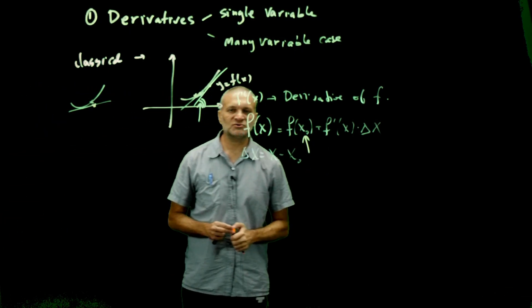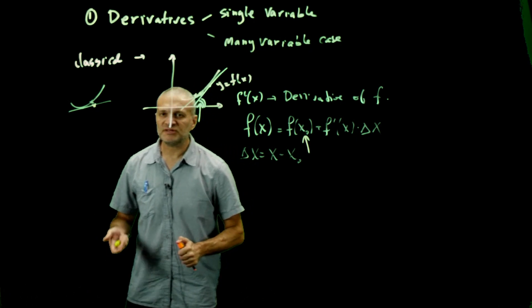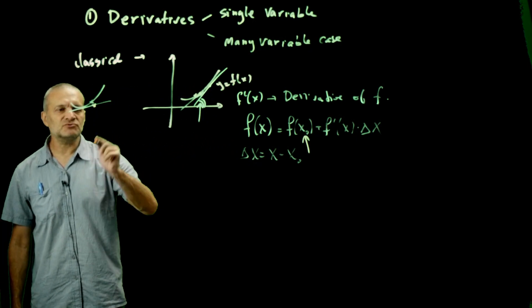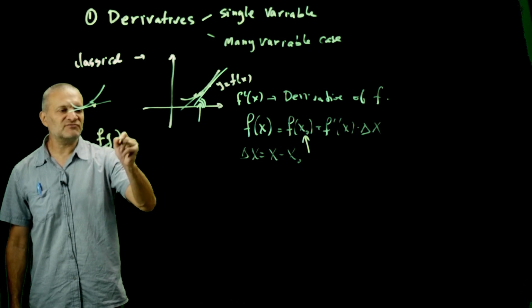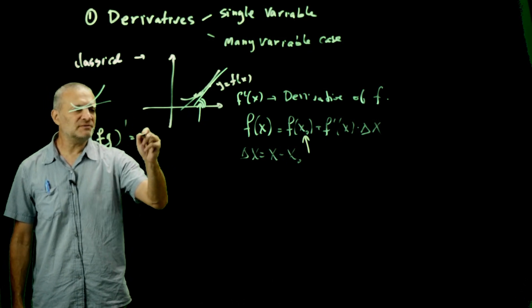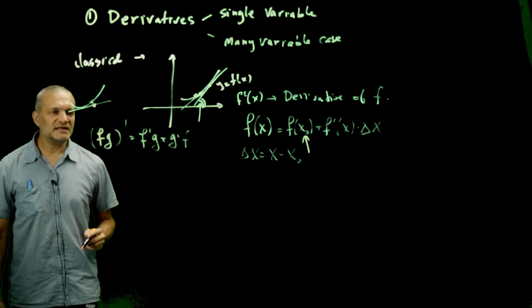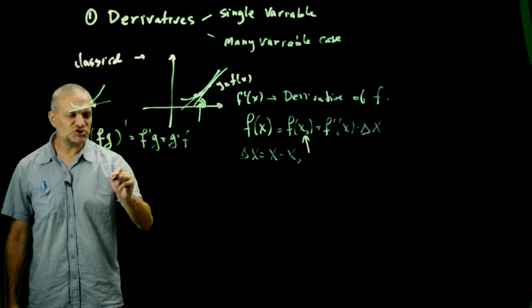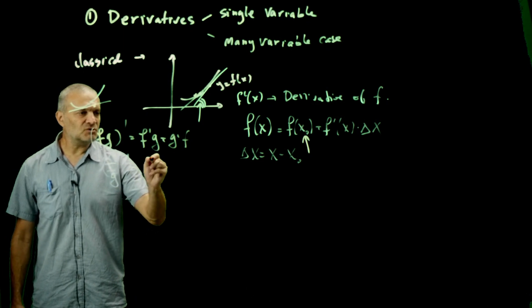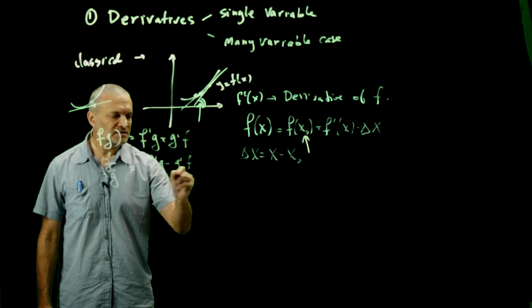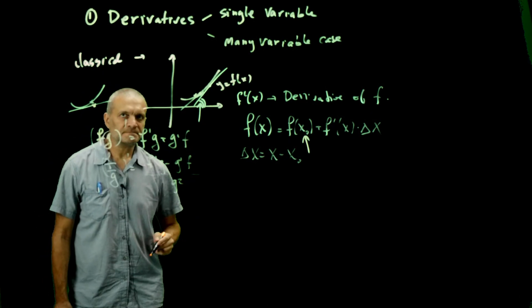Now we have the usual rules. I do not want to prove these rules, but I will just remind you. First of all, the derivative of the product is going to be the derivative of f times g plus f times the derivative of g. And then the derivative of the quotient is going to be, and then you divide by g squared.